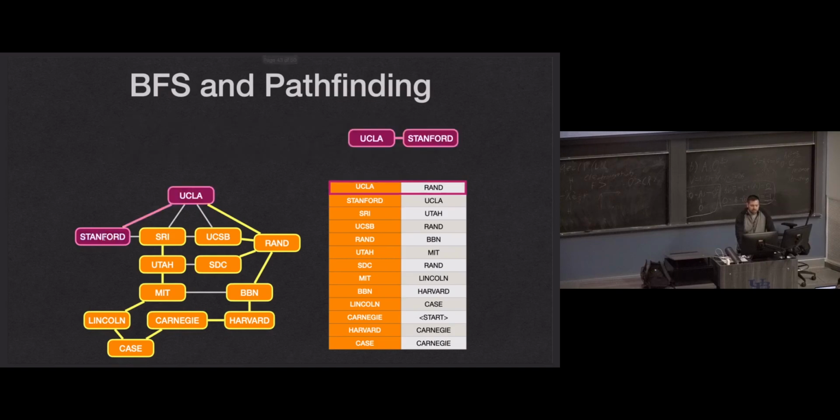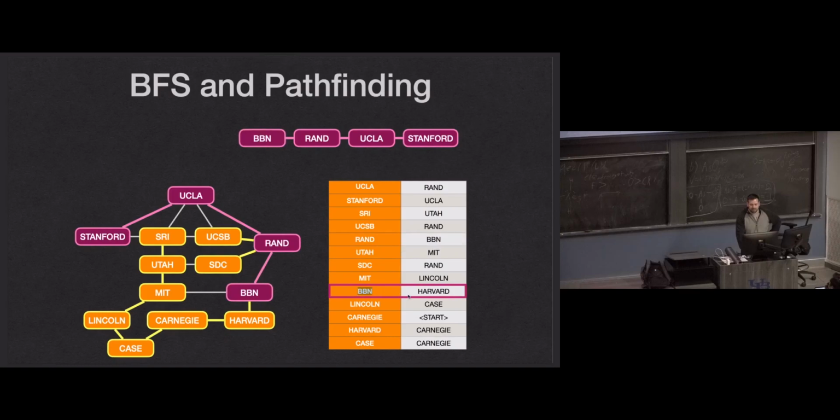So I'm starting at Stanford. I'm going to look up in my map, okay, Stanford. How did I get to Stanford? I got to Stanford from UCLA. So prepend UCLA. How did I get to UCLA? Well, I got to UCLA from Rand, prepend Rand. I got to Rand through BBN, prepend BBN.